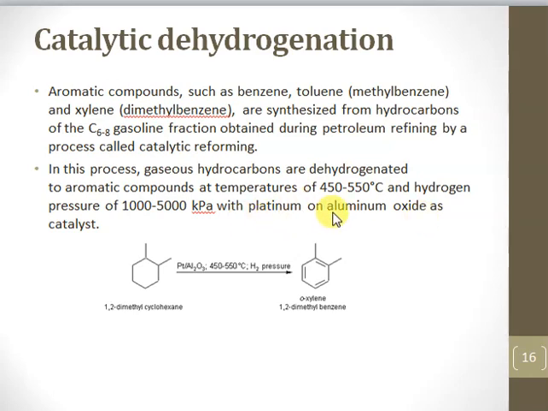We are not using platinum alone because platinum alone is very expensive. So what we do is disperse the platinum, used in the form of powder, on aluminum oxide. We just mix the platinum powder with aluminum oxide. In this way we have to use a minimum amount of catalyst. Also the surface area is very huge, right?